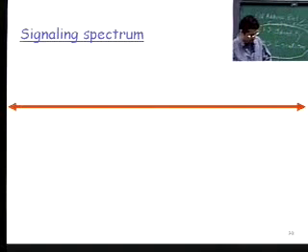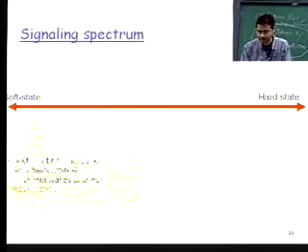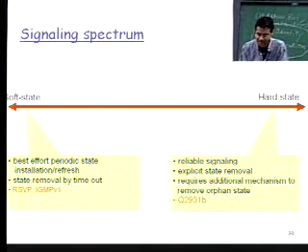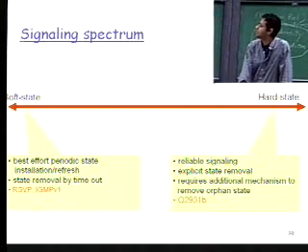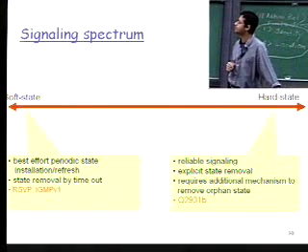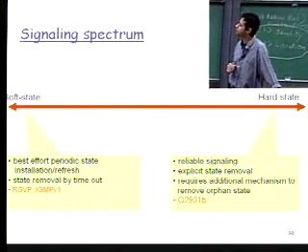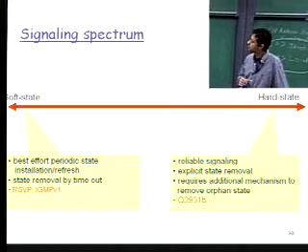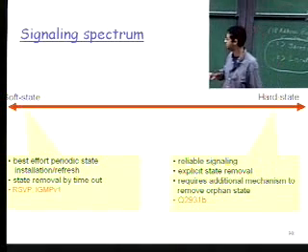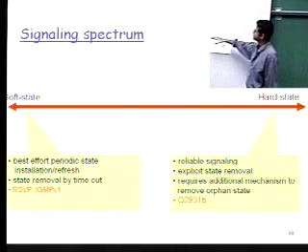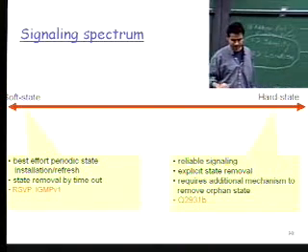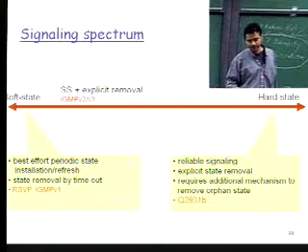So the signaling spectrum looks something like this. You have pure soft state, and then you have pure hard state. In red, I've listed protocols which implement pure soft state and pure hard state, the characteristics of these signaling mechanisms.